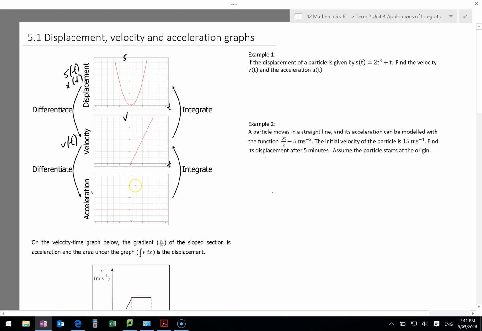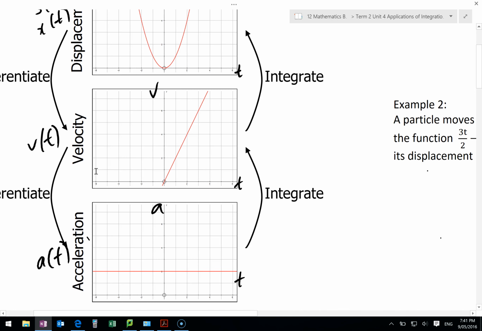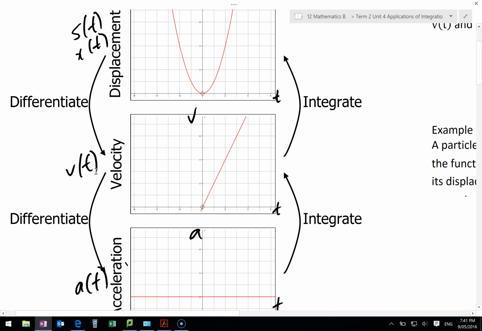To get from velocity to acceleration, so seeing how fast the velocity changes with respect to time, again, we need to differentiate. If we're trying to work our way up this chain, we're going to need to integrate.